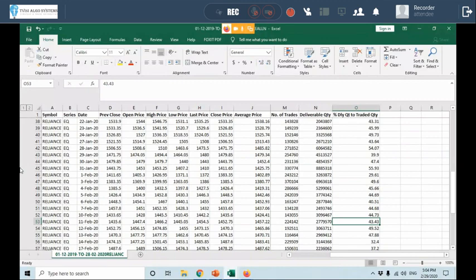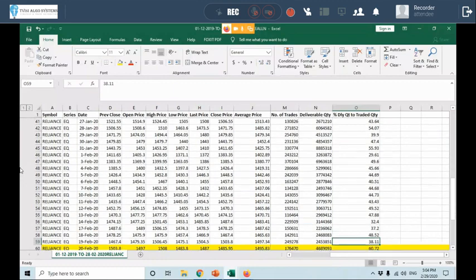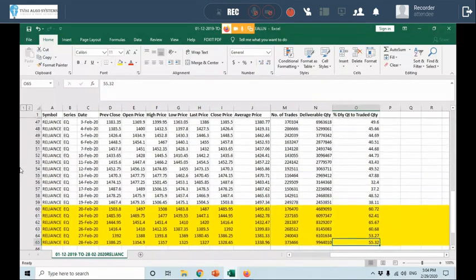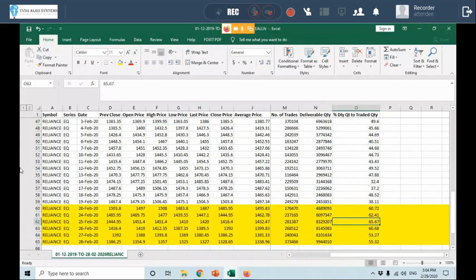This is the delivery percentage: 47, 32, 48, 38. But now look at this, from 38 to 60%. So your stock was trading the day before at 1503. Something happened in the market on 20th of February. Look at the delivery quantity, 60%.